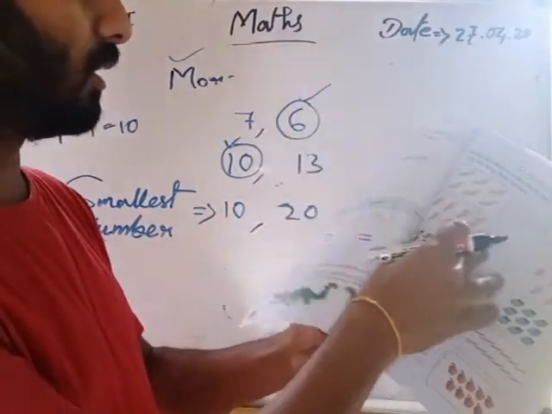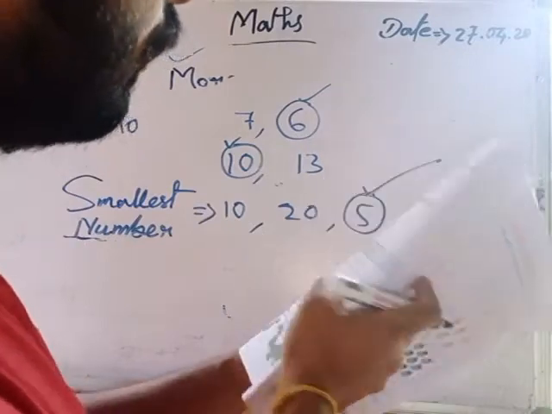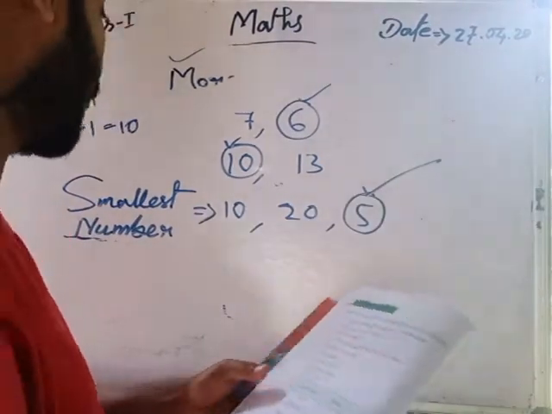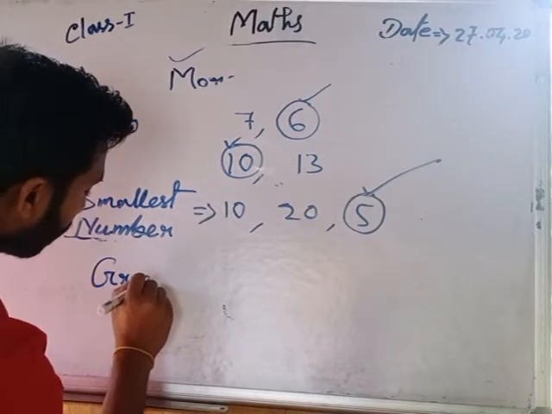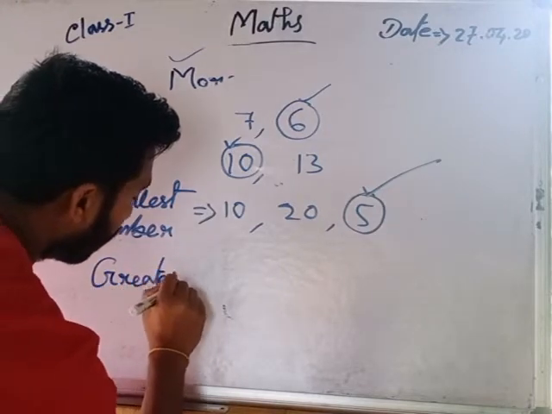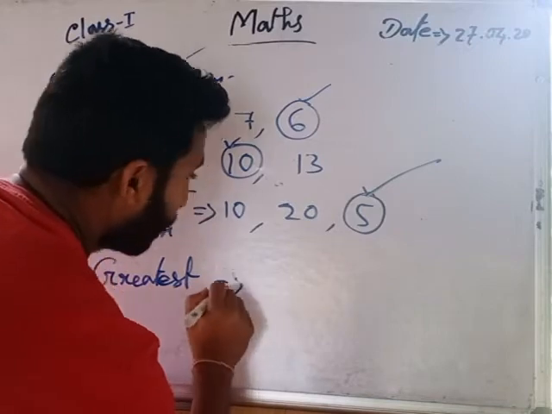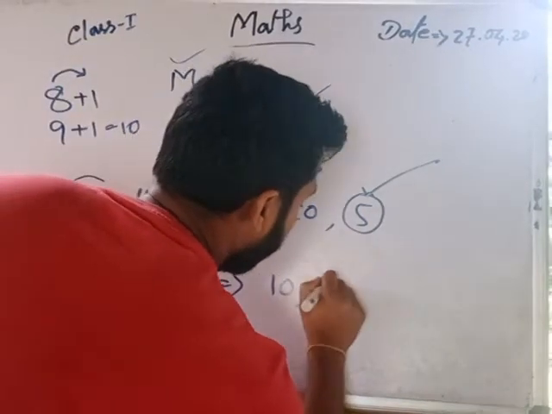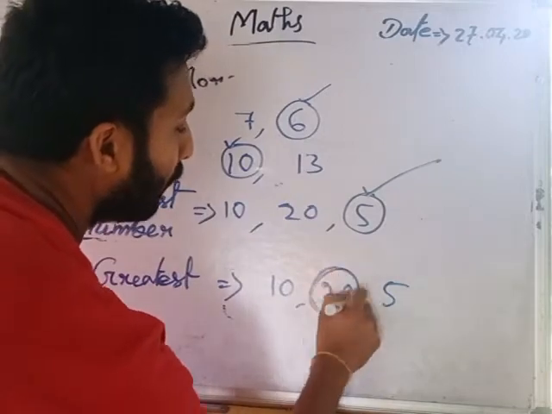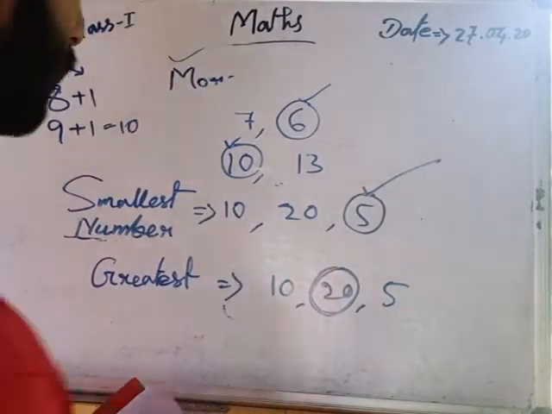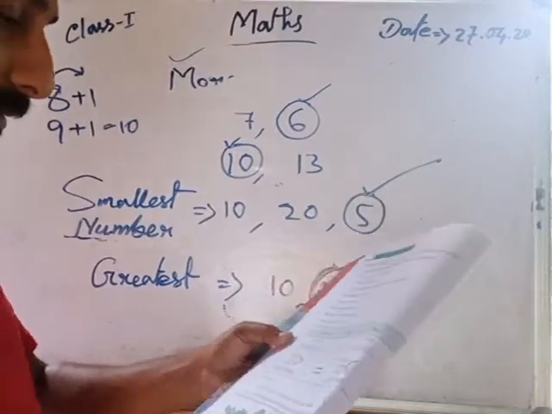After that we should go to the next. Which one is the biggest number or greatest number? Suppose 10, 25, 20. 25 is the biggest or greatest number, so you should take it.